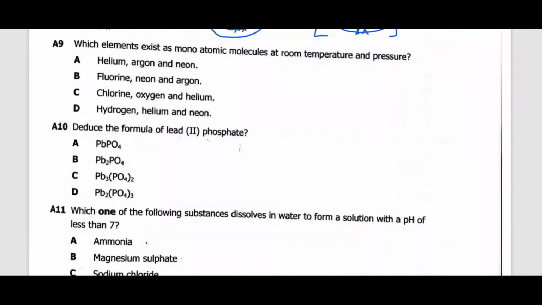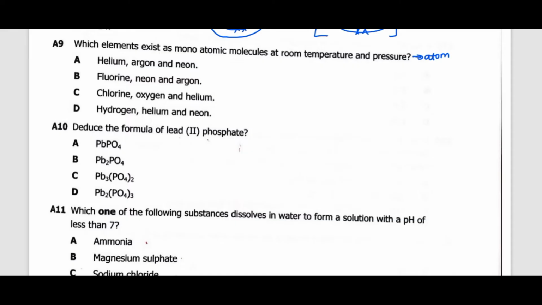So we move on to question 9. Which elements exist as monatomic molecules at room temperature and pressure? So monatomic, we are looking at the elements that exist as just one atom. Mono means 1. So let's look at the first one. From the periodic table, group 8 elements are monatomic.